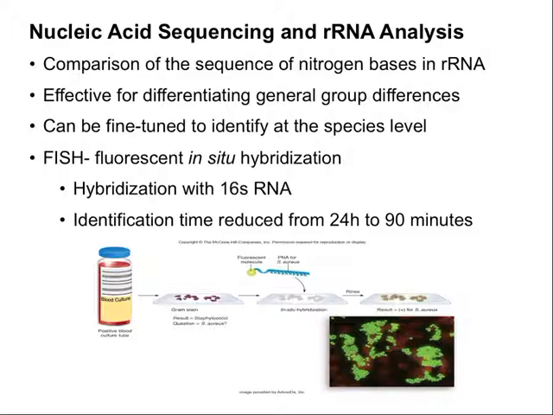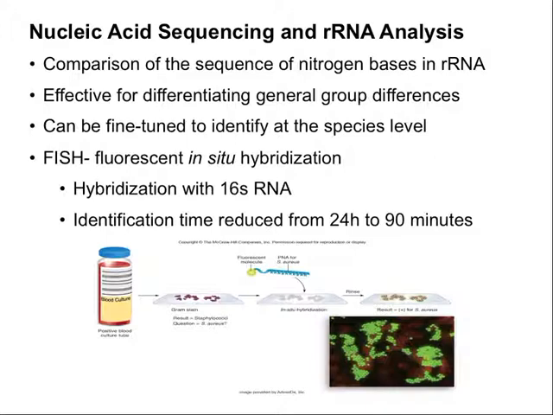However, some regions of the ribosome are highly variable between species, which makes it especially well suited for differentiating one species from another. Basically, we're comparing the sequence of nitrogenous bases in the ribosomal RNA. This is effective for differentiating general group differences and can be fine-tuned to identify at the species level.